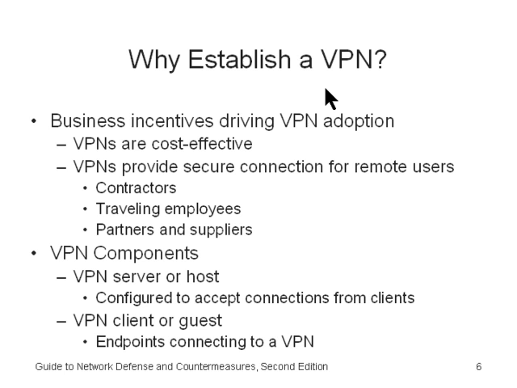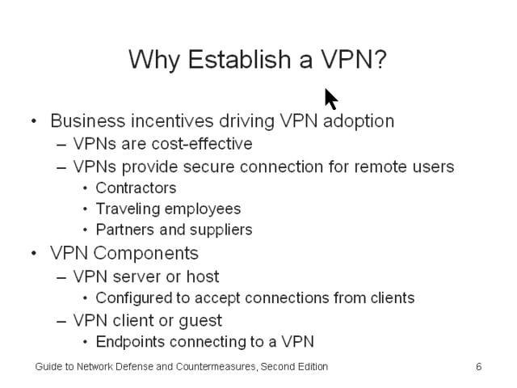So why would one want to establish a VPN? Well, there are a lot of business incentives driving VPN adoption. The first is, as opposed to a leased line, which can run thousands of dollars a month, VPNs are very cost effective because we're already using the infrastructure of the internet, and all we have to do is buy either hardware or software to create the VPN connections.